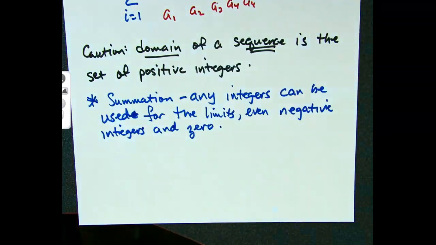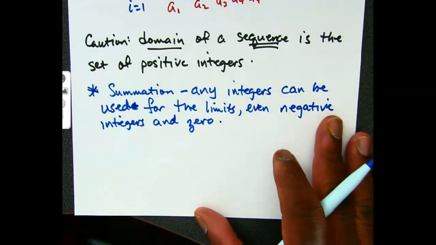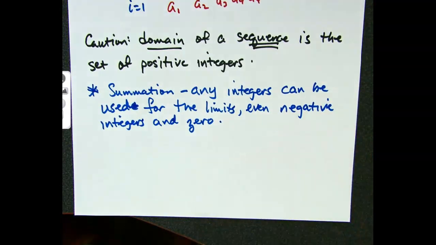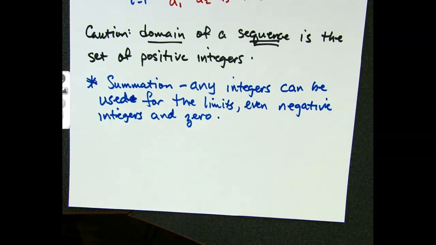Okay. So any integer can be used for the limits. Positive, negative. So with that said, there are multiple ways that you could express the summation of a general term. Multiple ways. So let's take a look at an example.